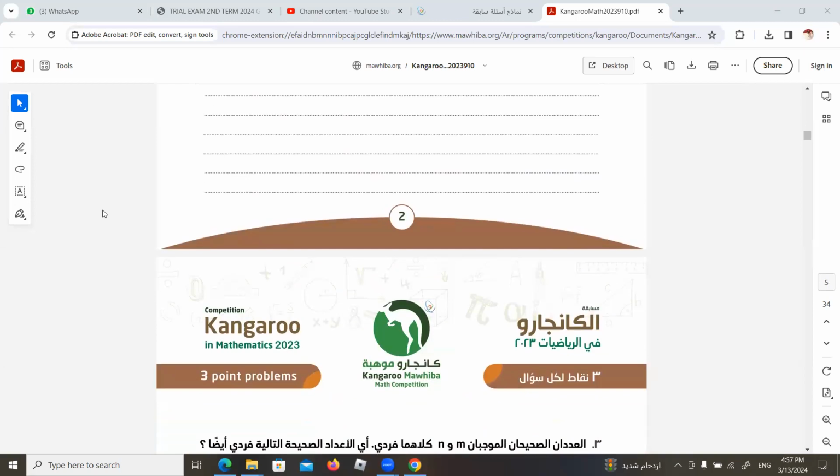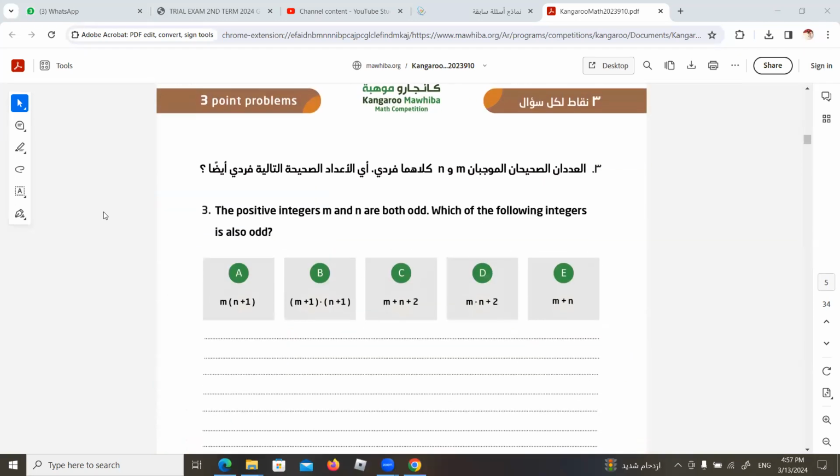We're going to number three. In number three, we have two positive integers, m and n, that are both odd. Which of the following integers is also odd? If you have a problem like this, you just start by choosing values for m and n. Both are odd.